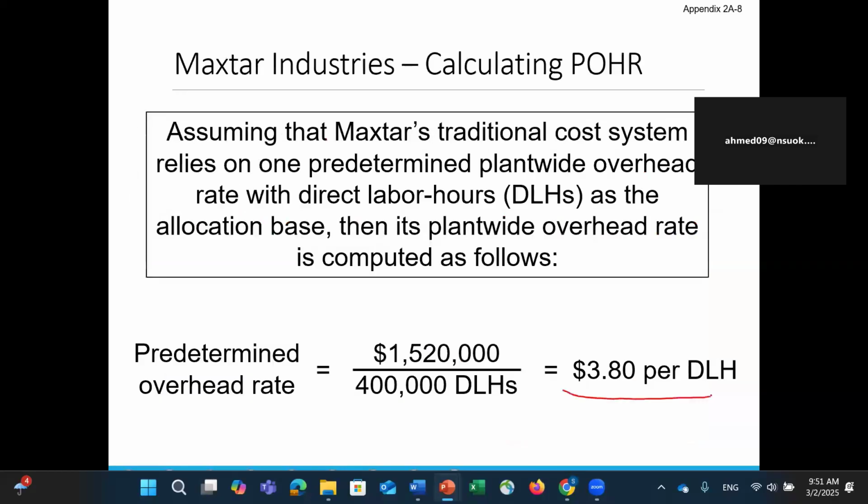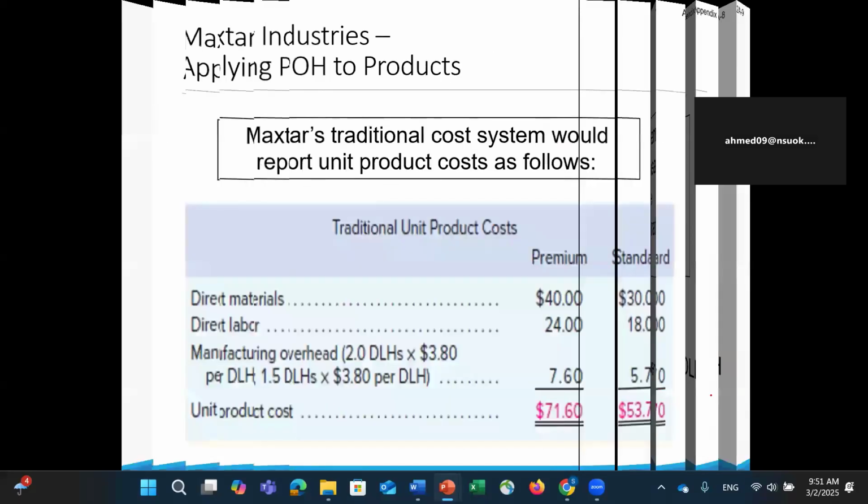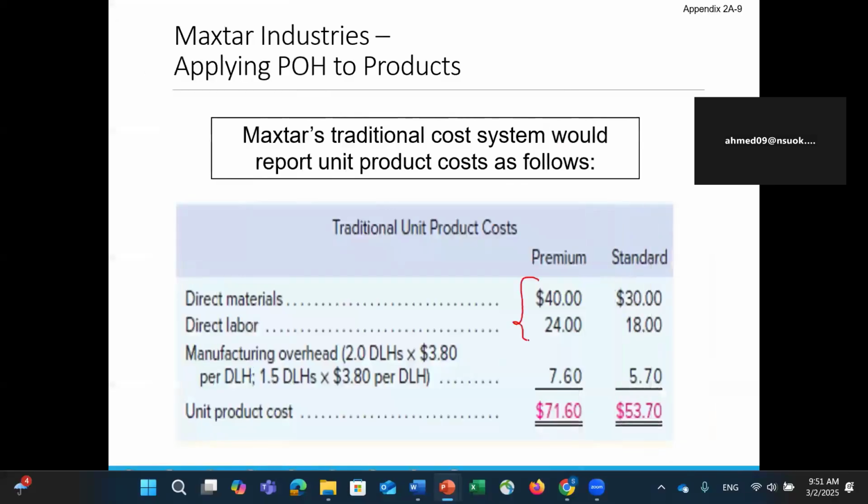Okay, we calculated the predetermined rate, 1,520,000 divided by 400,000. It's 3.8 per direct labor hour. Now remember, I told you we have to bring these two over here, as we had it. So under the premium, you have 2 hours, just multiply by the predetermined rate, it gives you 7.6. Just multiply the two together.